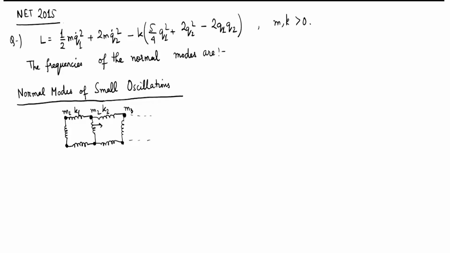So in general, the kinetic energy and potential energy are functions of the velocities of all the masses. So the Hamiltonian is mostly a function of qi, qi dot.